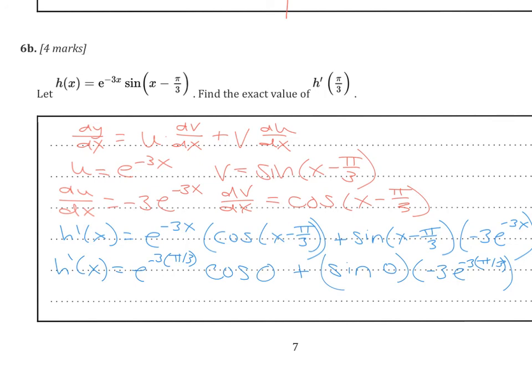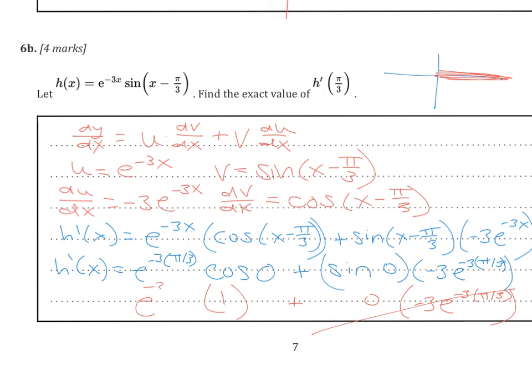And we have to evaluate at 0 radians. Cosine is 1, but sine is 0. So when you multiply 0 times that whole thing over here, that's going to cancel that part out, which is nice.